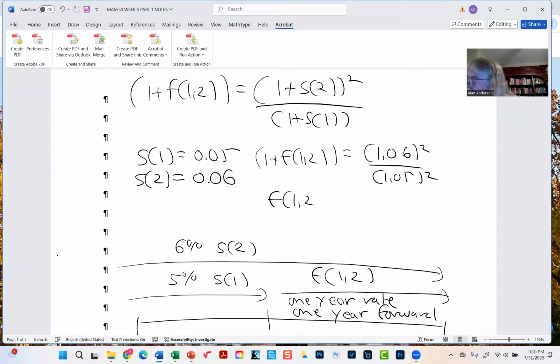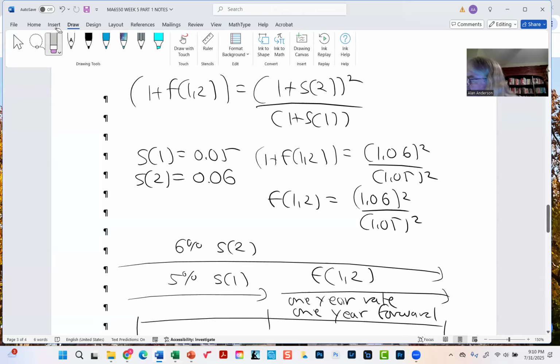so that means that F12 is just equal to this ratio minus, no, sorry, that one is not squared, minus 1. All right, so if you pop that into your calculator, it's almost exactly 7%.